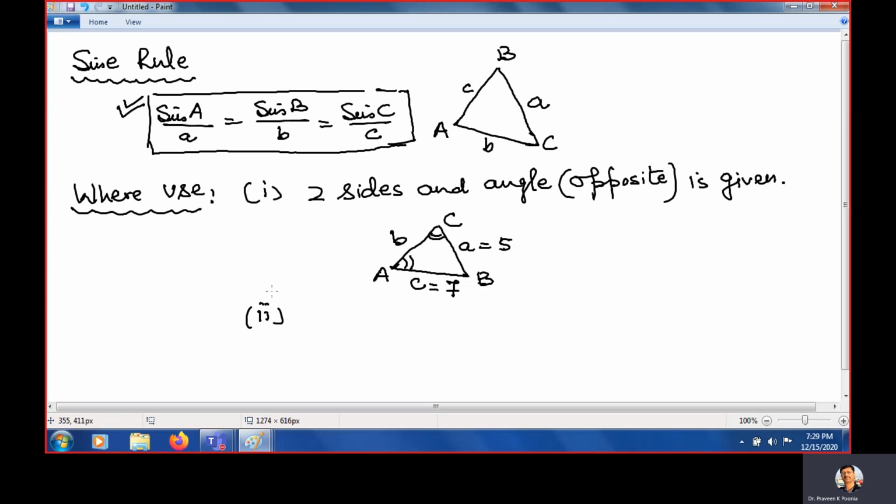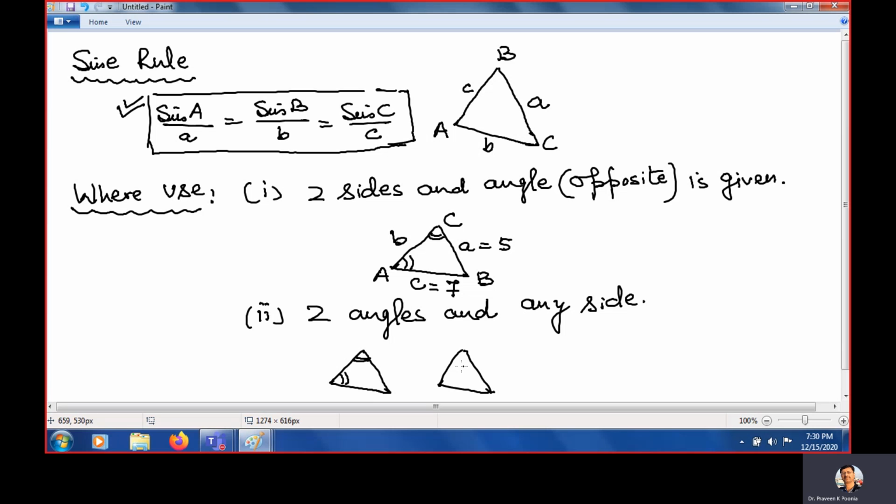Another point, number two, is when two angles and any side are given. That means if this is given and this is given, clear?